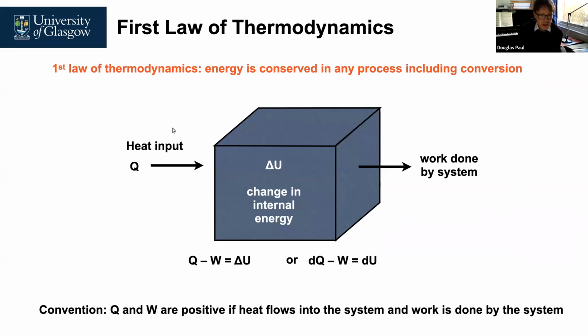So we've got heat going into a system, and a whole series of energy conversion processes going on, dependent on the power station. The energy coming out of the system is electricity, or if this is transport, it could be kinetic energy to power a vehicle.